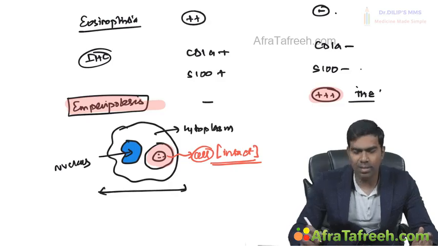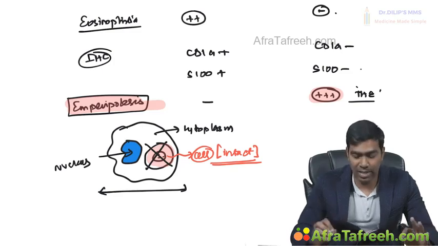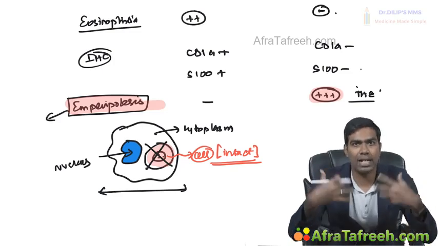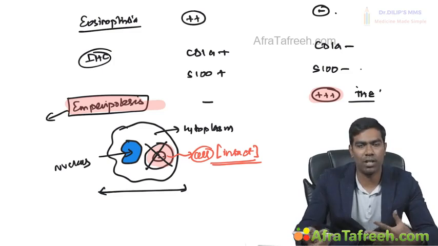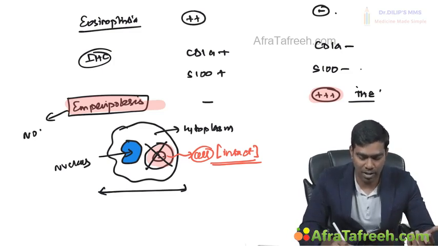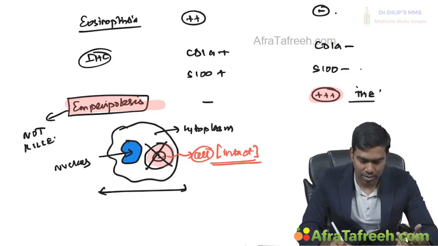Remember, this might resemble HLH. You might ask why it is not hemophagocytosis. Remember, in HLH, the cell that is phagocytosed is actually killed. But here, in emperipolesis, the cell that is swallowed by the neighboring cell or a nearby inflammatory cell is not killed.